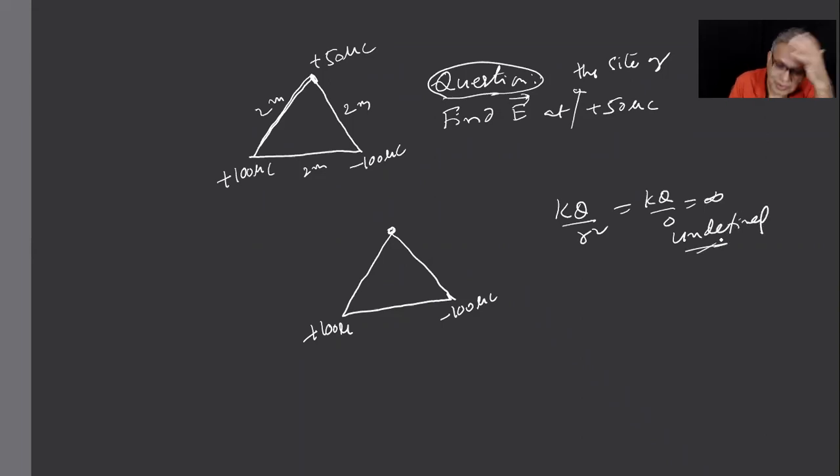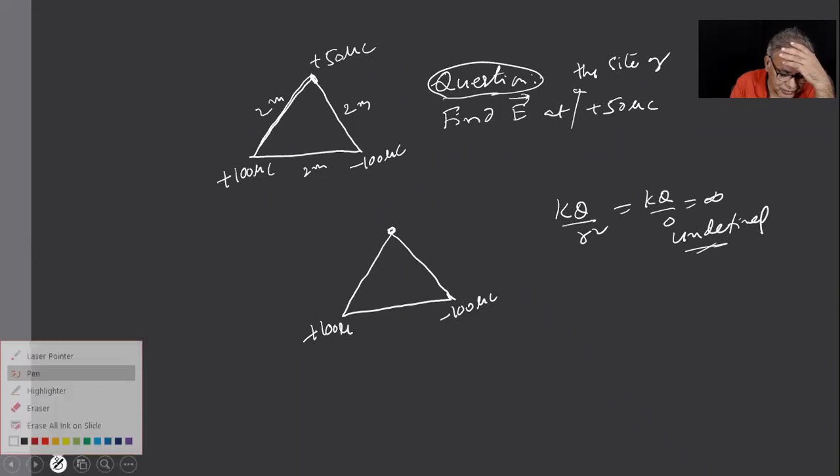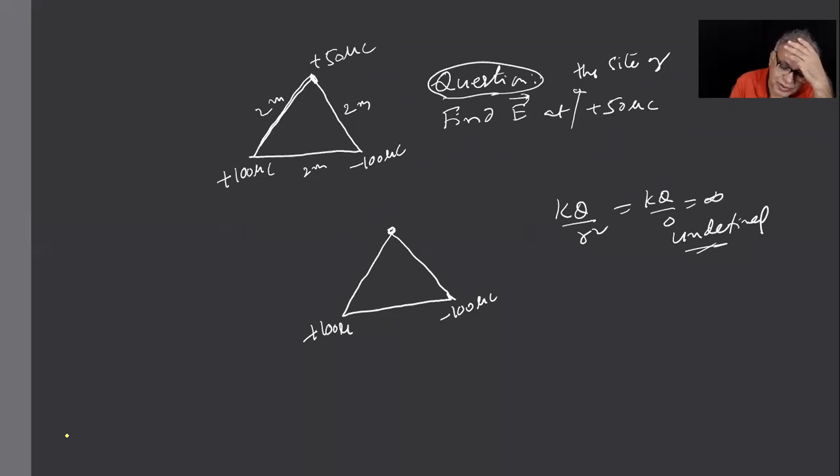So the plus 50 is of no consequence when I want the field at this point. I don't know whether you understood it. These two will be there whether you have a plus 50 or not. Even if plus 50 is there, don't bother, because the field of that won't be there below its bottom. Electric field will be there around the charge, not below the bottom of the point charge. That will be undefined.